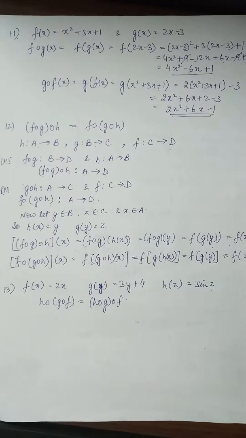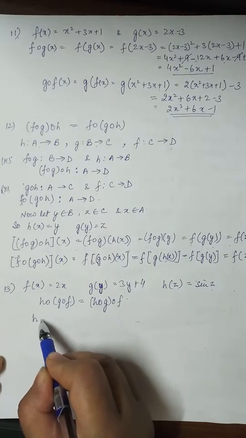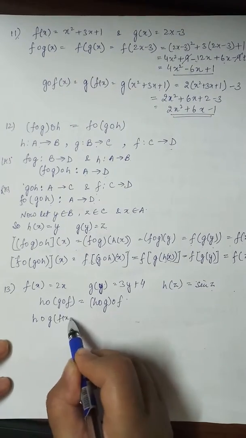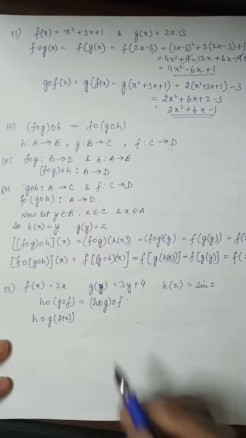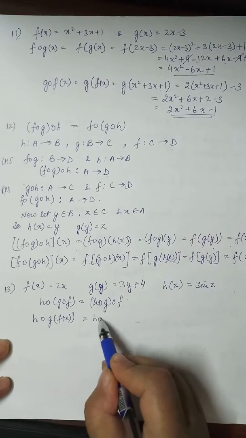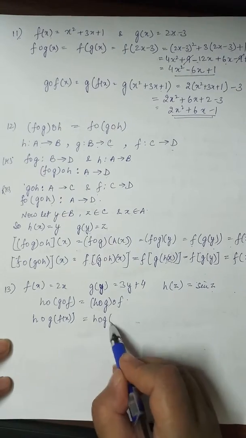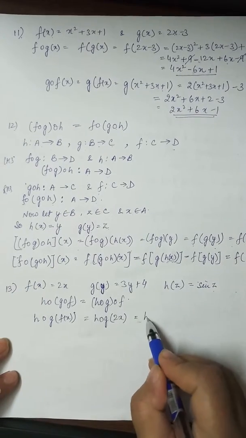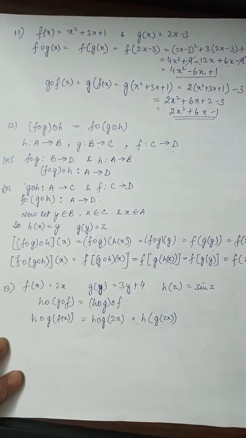Okay, now in this sum, first of all, you're going to write (hog) of f(x), right? This can be written as hog. What is f(x)? f(x) is 2x. This further can be written as h of g(2x), right?